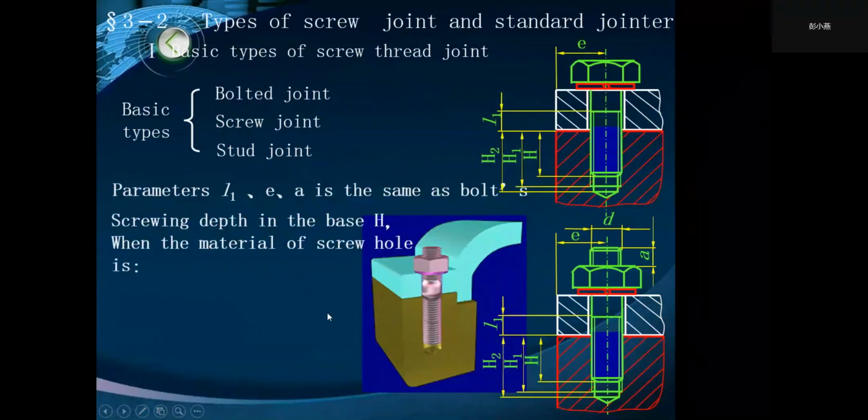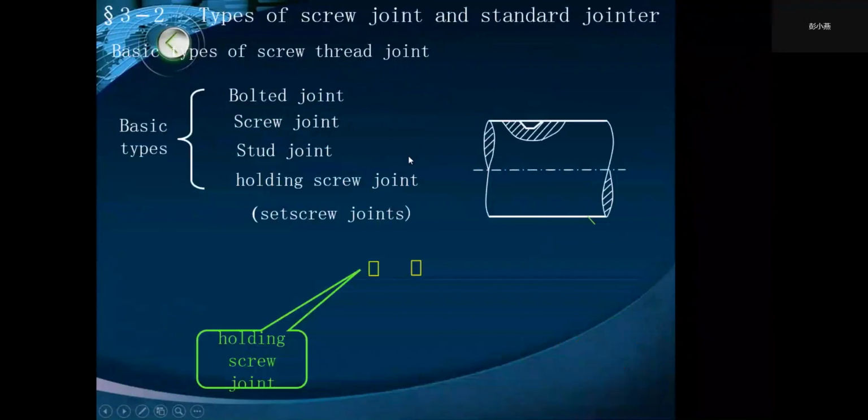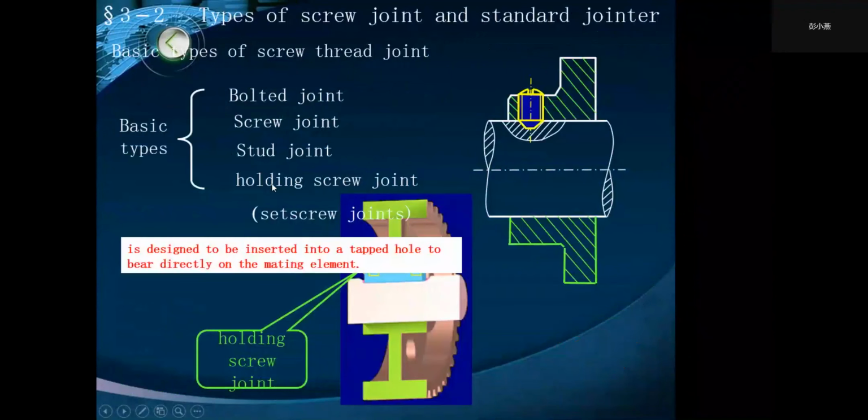And these are parameters. And this is the screwing depth in the base edge. The holding screw joint or set screw joint is designed to be inserted into a tapped hole to bear directly on the mating element.